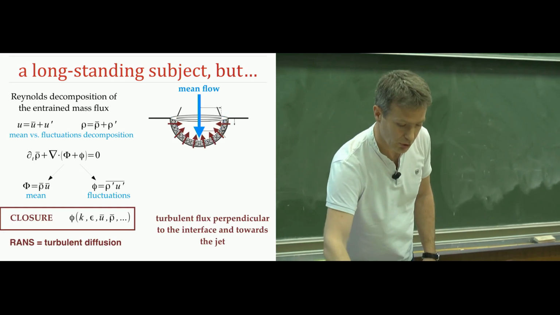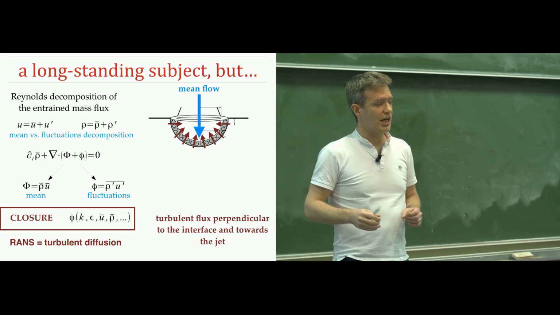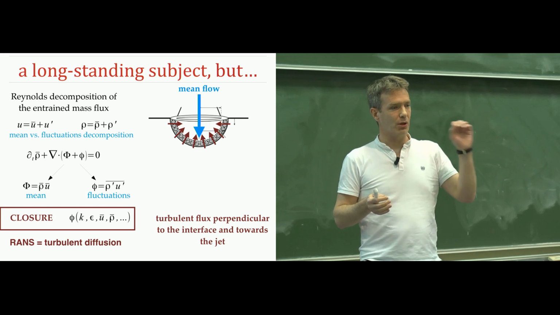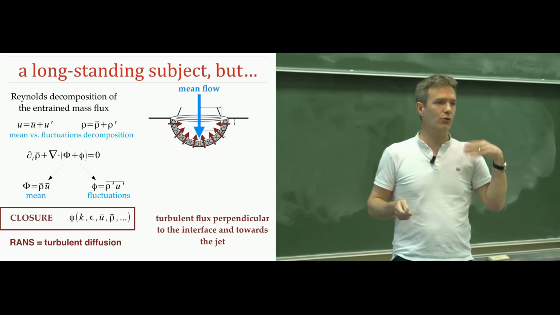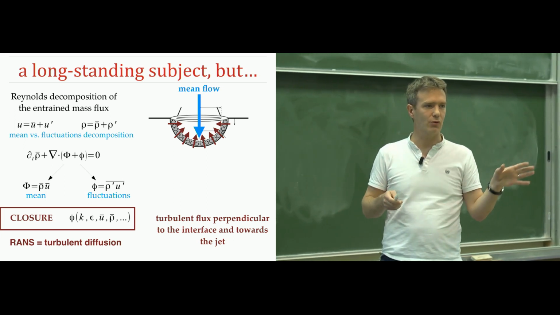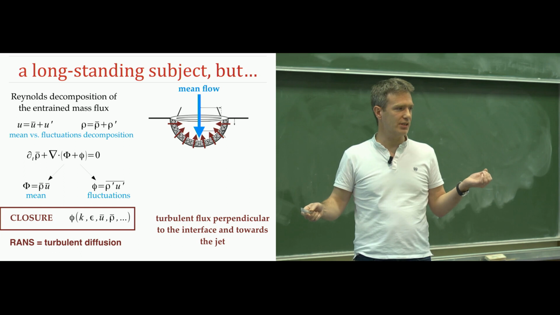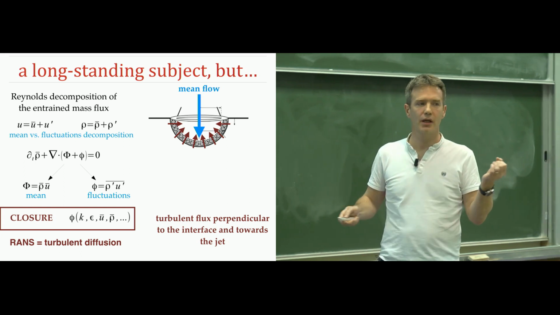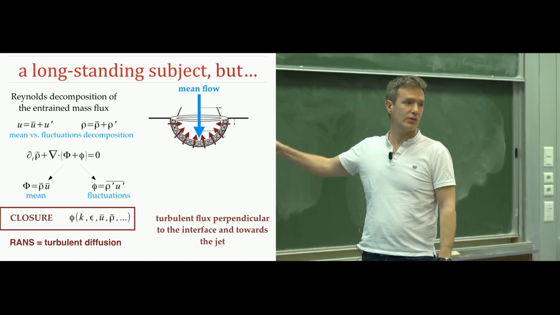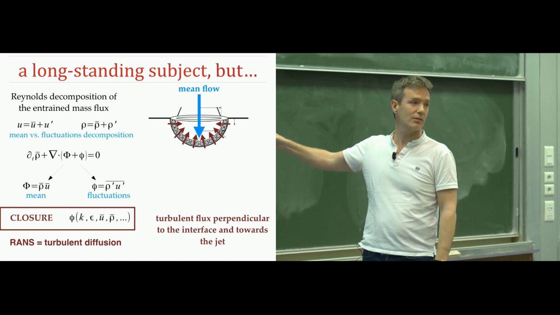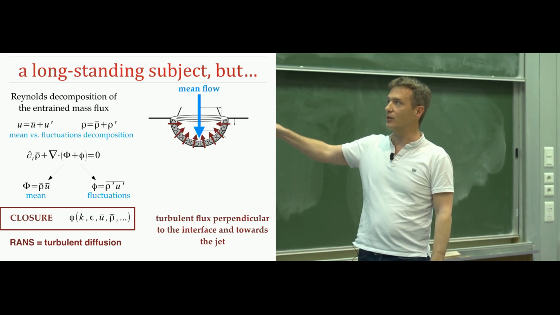What is usually done, in RANS numerical simulation, is to say that this turbulent flux is equal to some turbulent viscosity times the gradient of the density. Of course you have some more evolved models, but the most basic one is that. So if you model your fluctuation by a turbulent viscosity, or a turbulent diffusivity, sorry, it means that you will have a flux of mixing that goes across the density interface from the more dense layer towards the less dense one. Those are the red arrows here.